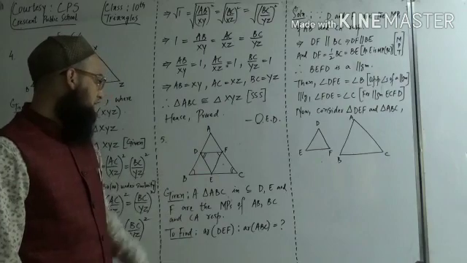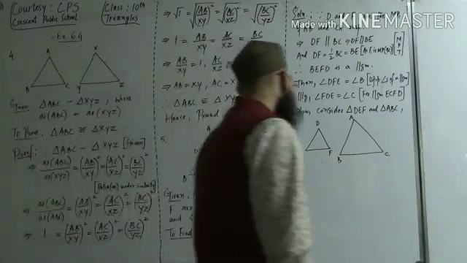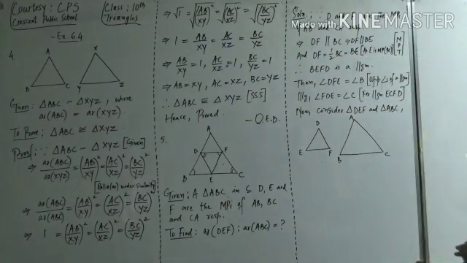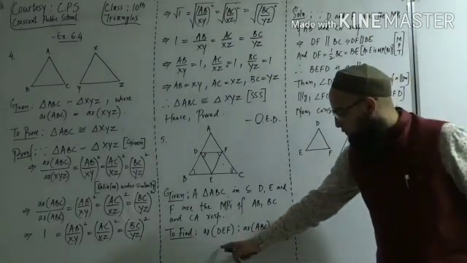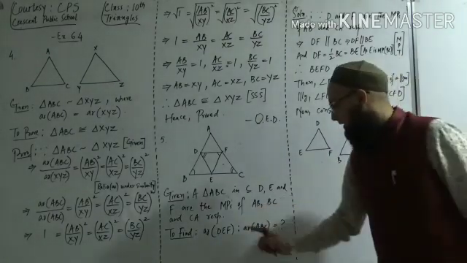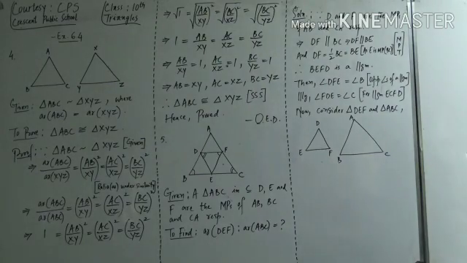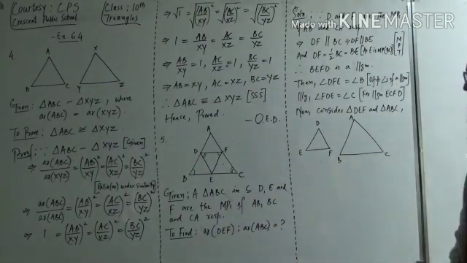Why am I considering in this form? Because I need to find the area of this triangle is to this triangle, because it will make difference as far as similarity is concerned. We have already told you that.